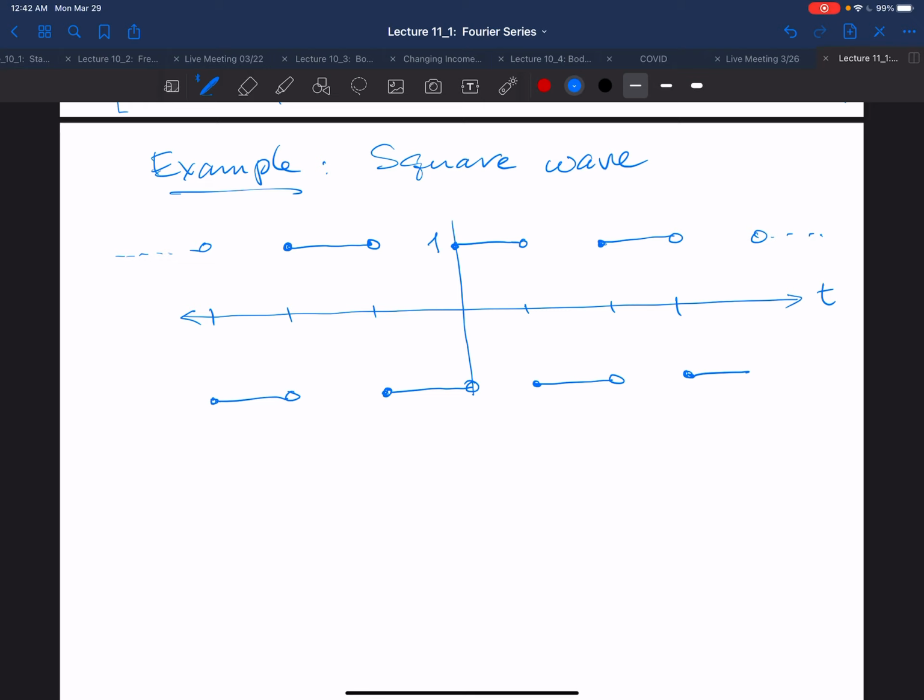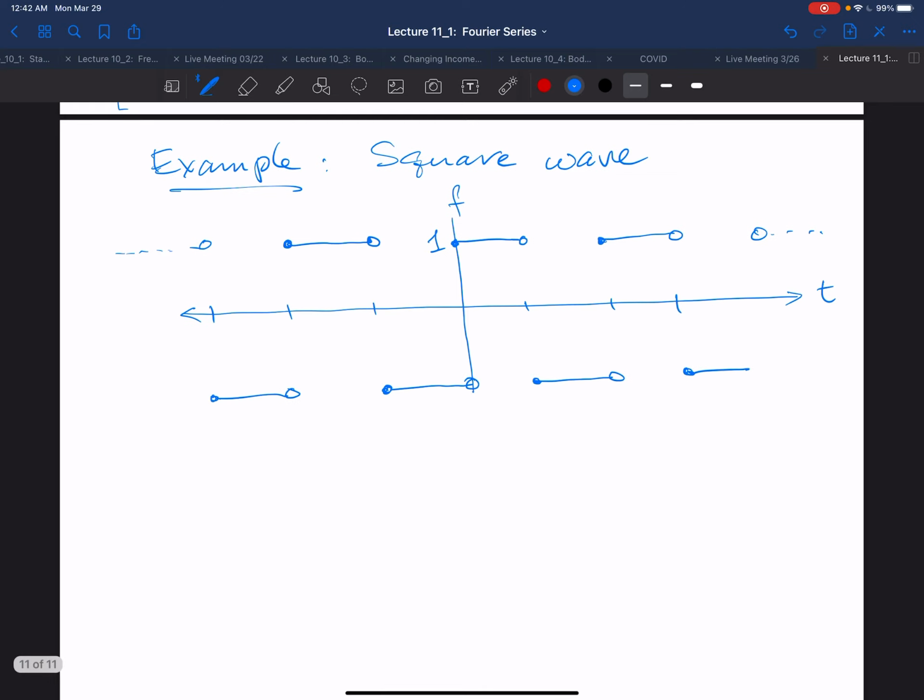So let's suppose that the amplitude, if you like, of the square wave is 1. In that case, we just have to apply our inner product to get the coefficient Cn that represents the projection of our square wave function f of t onto each of our complex exponentials.